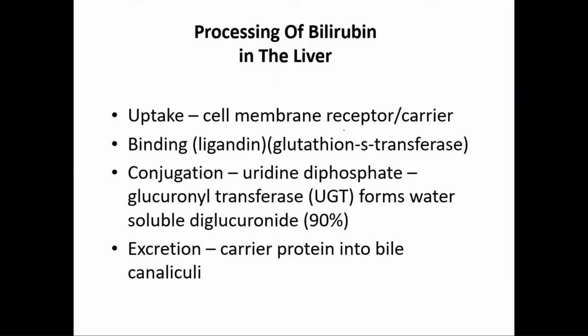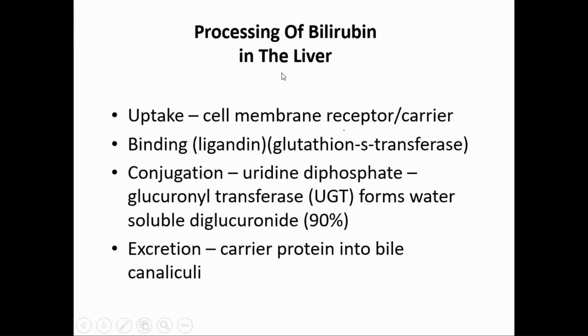Now, processing of bilirubin in the liver. When bilirubin is formed, it is unconjugated bilirubin and circulates in the blood in combination with the protein albumin. When it comes to the liver, it is taken up by hepatocytes.